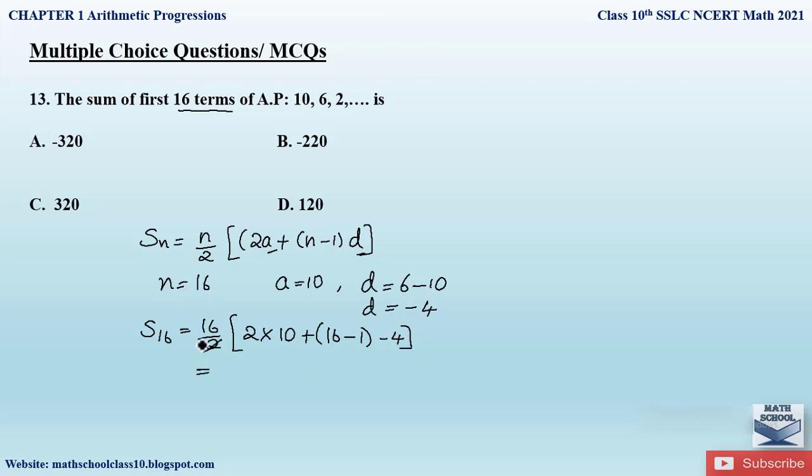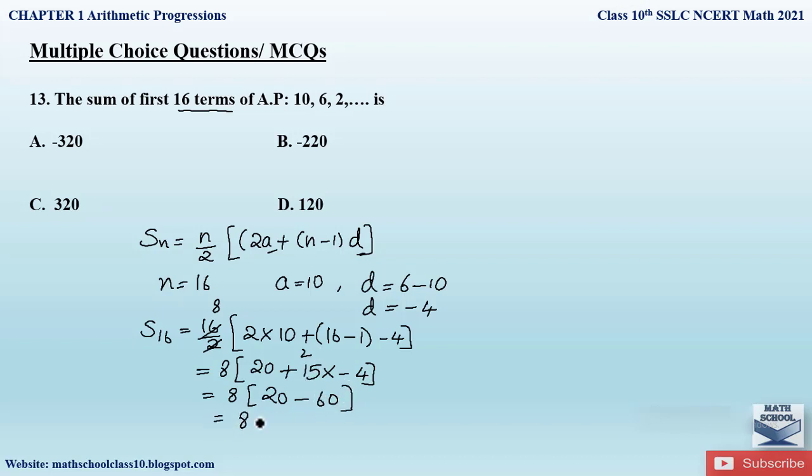Right? So cancelling, 1 times 2, 8 times. So this will be 8 into 2 into 10 is 20 plus, what is 16 minus 1? It is 15 into minus 4. So again this will be 8 into 20, plus into minus will be minus, so 15 into 4 will be how much? 5 fours are 20, 4 ones are 4, plus 2 is 60.